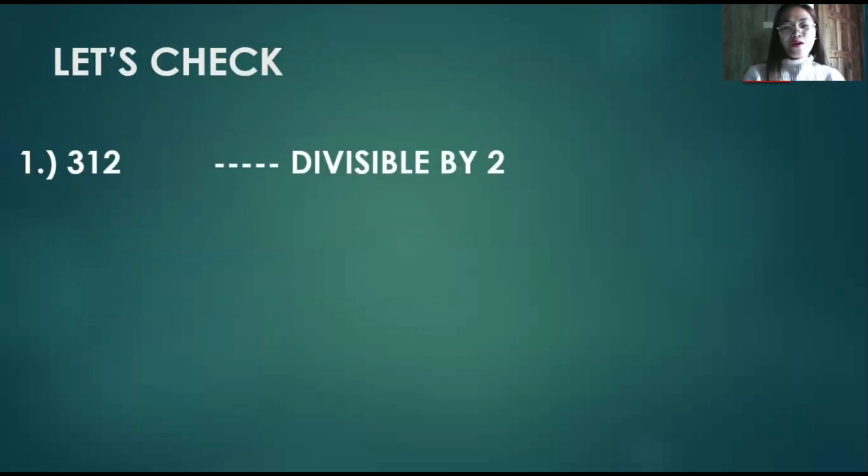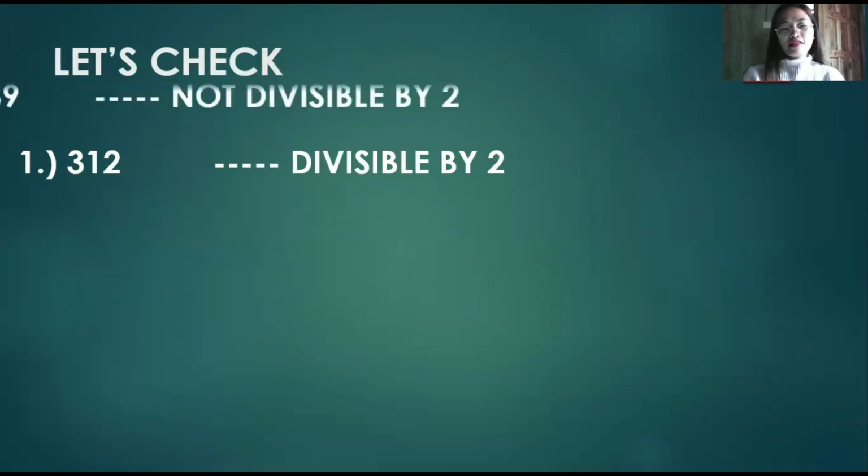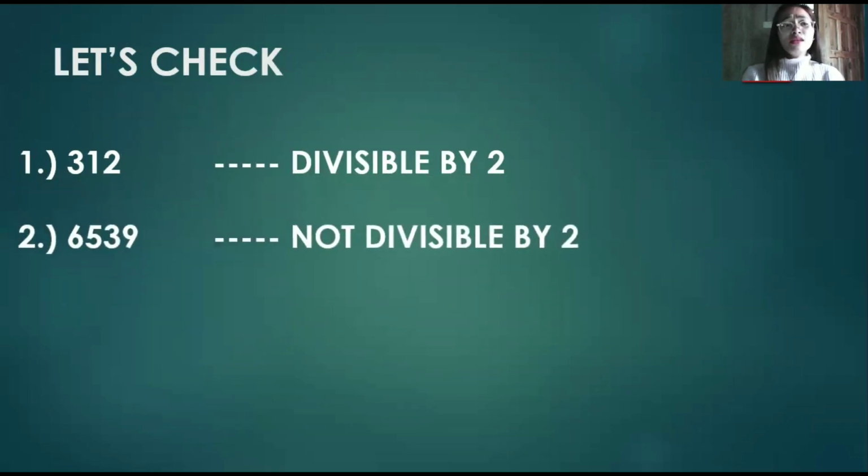Okay, so for number 1, 312, it ends with the number 2, which is even. So our answer should be divisible by 2. Okay. Next is number 2, 6,539.